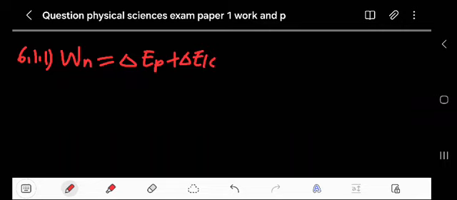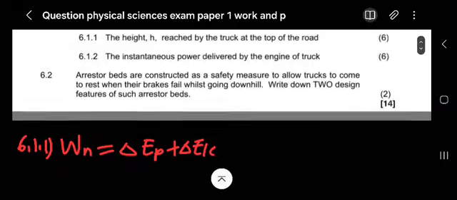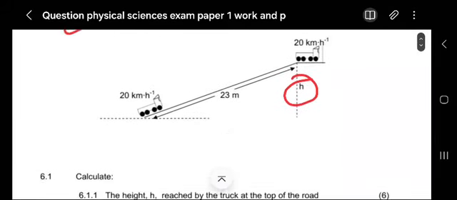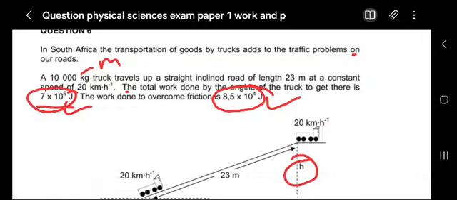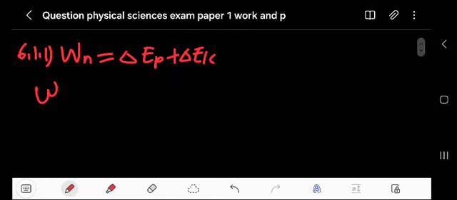We know that we have two non-conservative forces. Here our non-conservative forces are the force applied by the engine and the force of friction, right? Remember I said non-conservative force, right?